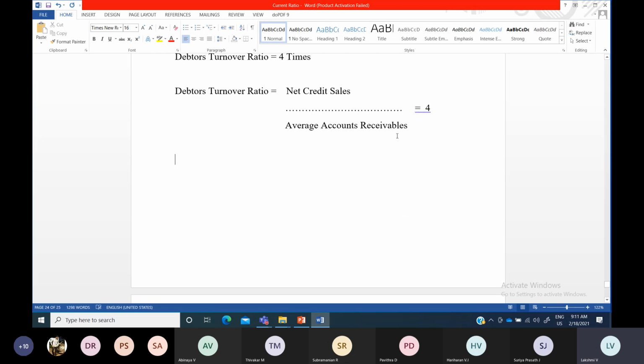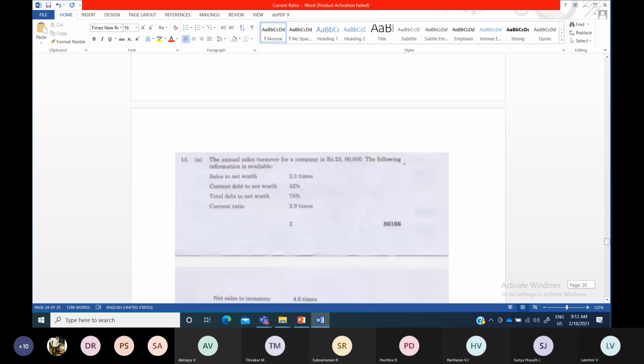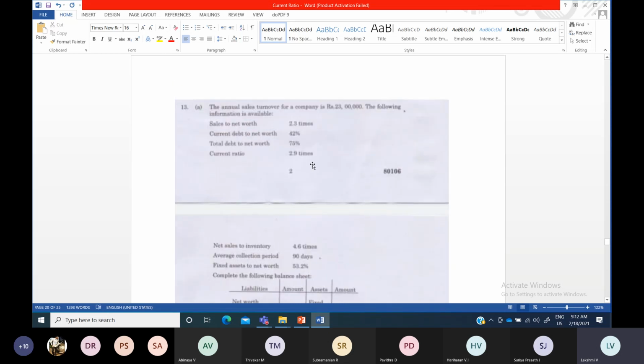Now net credit sales is how much? You have to verify the question. Okay, so this is our question. Our annual sales turnover for a company is 23 lakhs. Here they have not given any sales return or credit sales information or cash sales information. Nothing they have given.